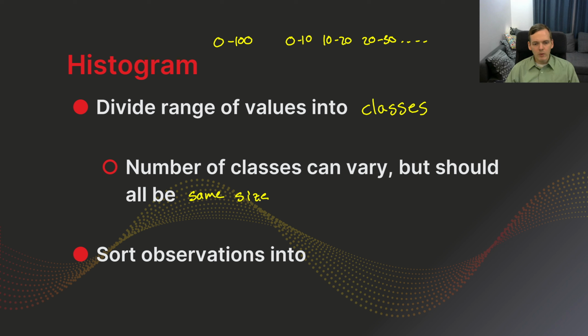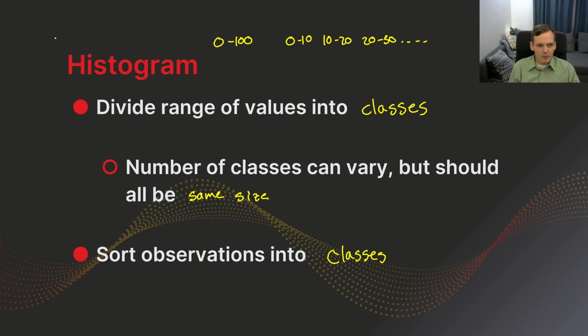So think about how many classes you need to divide this up into a useful number, where you get some spread, but not so many that there's one or two in every class, and not so few that there's only one or two classes that have everything.